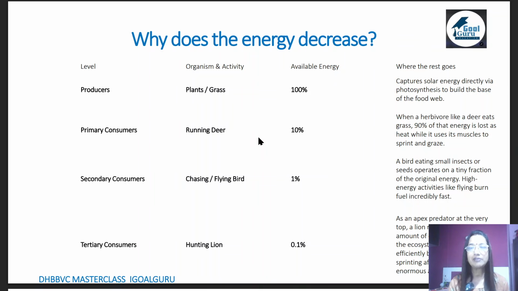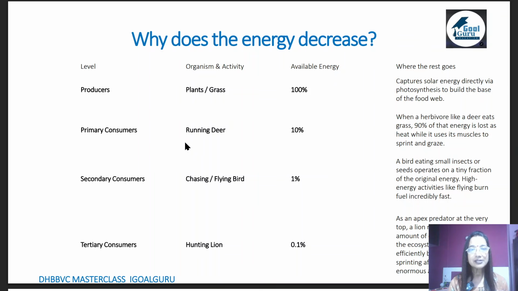Let us understand it level by level. See, as we have seen in the pyramid, the producers, that is the plants, get 100% of the energy. The green plant captures the sunlight. It stores it in the form of chemical energy through photosynthesis, right? Now this is the largest energy in the food chain.